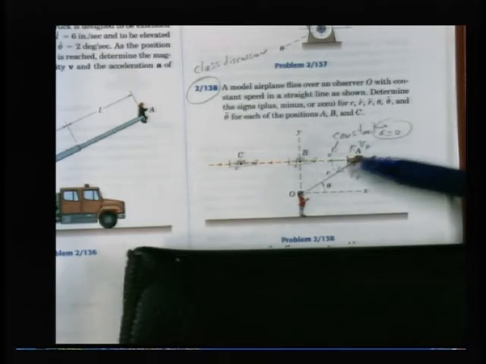Now, is theta dot growing as it moves towards B? What we're trying to get a handle on is theta double dot.